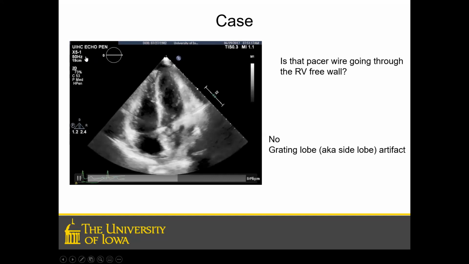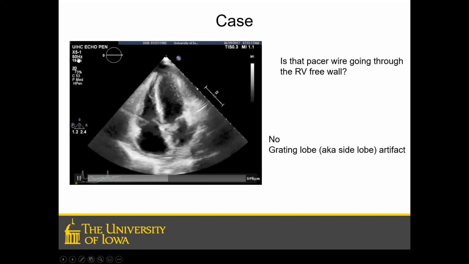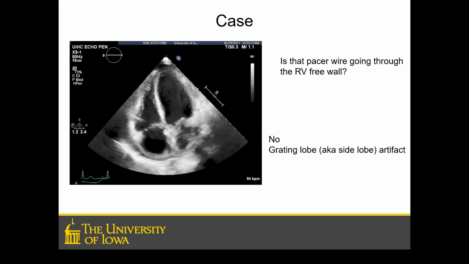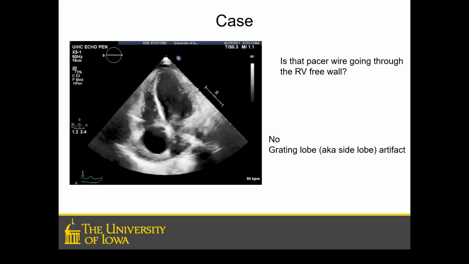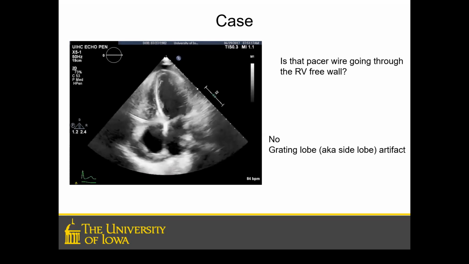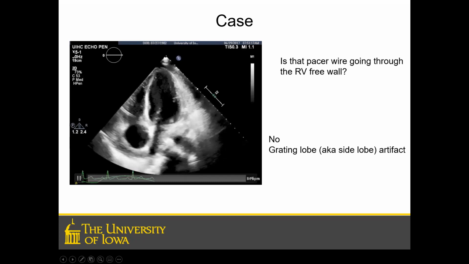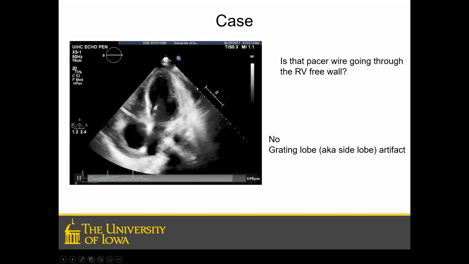On other equipment, it might be labeled differently, but it's a matrix transducer, and those are the 3D transducers, and they allow the beam width to be considerably more narrow in the slice thickness plane or elevation plane than a standard transducer.